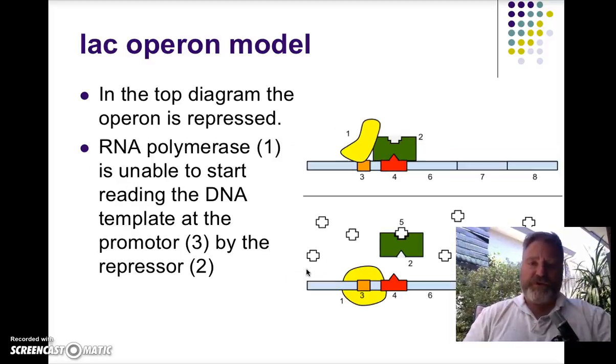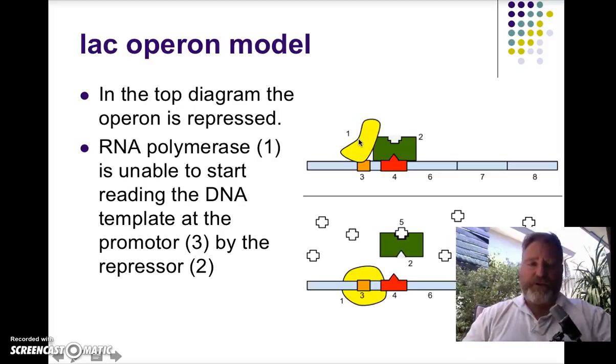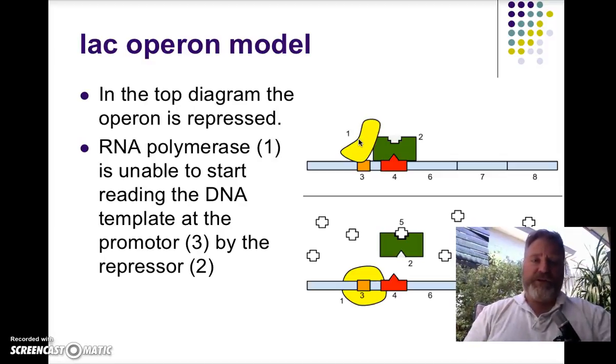So we'll go through this diagram and try to explain what's going on. In the top diagram, number 1, this yellow is our RNA polymerase, and it's unable to start reading the DNA at the promoter, the 3, because this green block, 2, is in the way. So we've got a block in place, a regulator not allowing the reading of this gene.